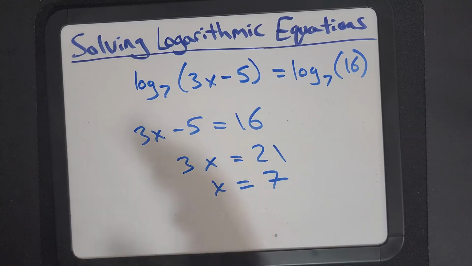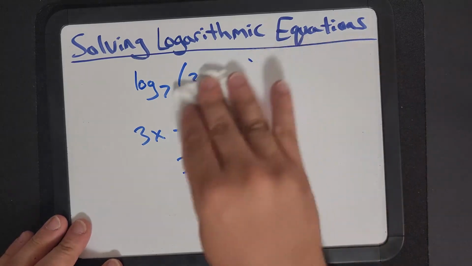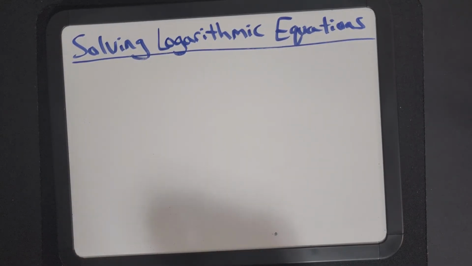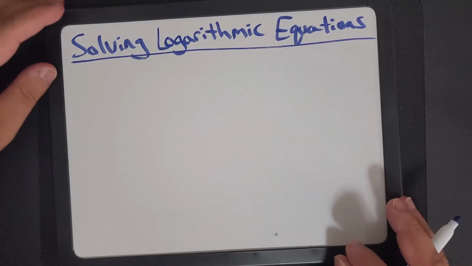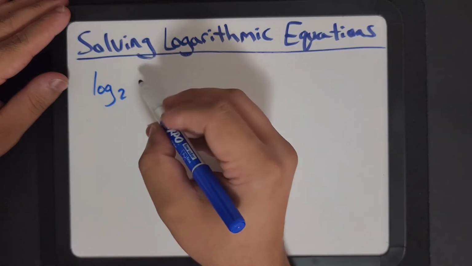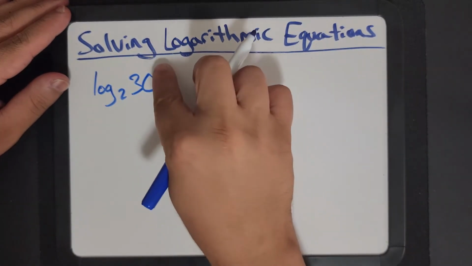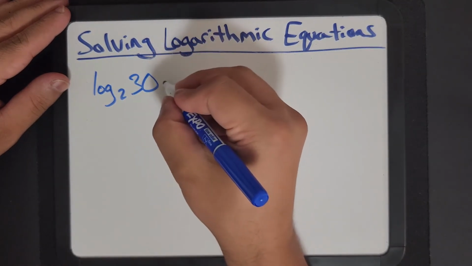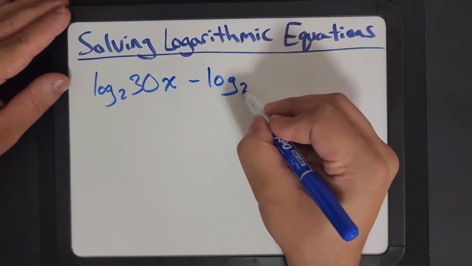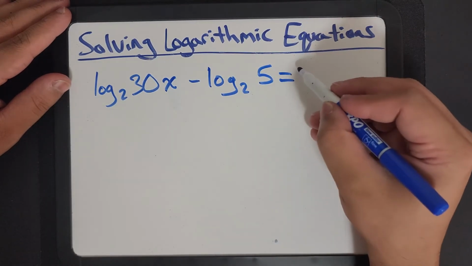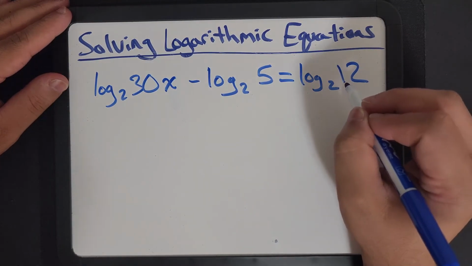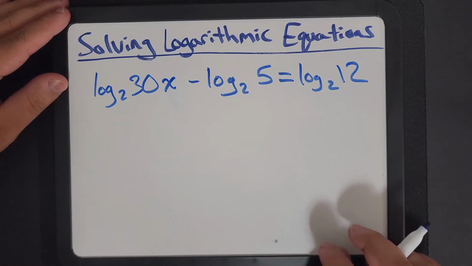So let's do another one. Let's say we have log base 2 of 30x minus log base 2 of 5 equals log base 2 of 12.